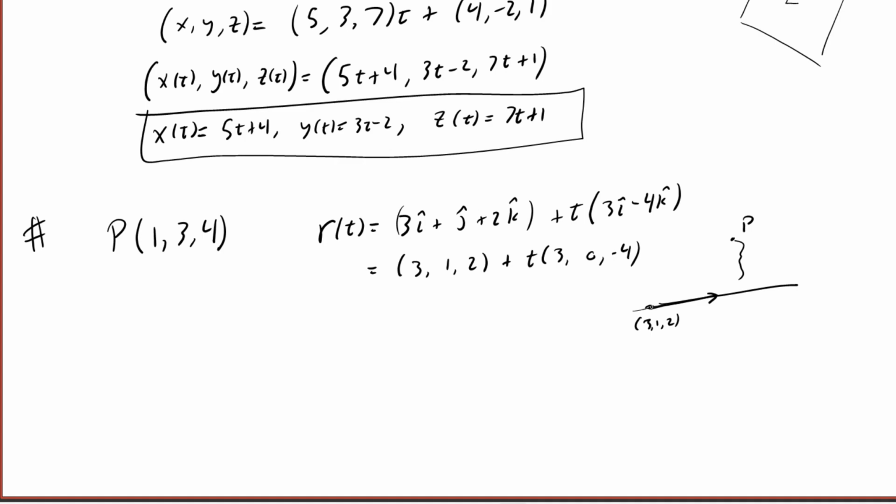So what I'm going to do is make this vector right here, and then do the projection onto this vector. And that's going to give me this vector. So I do the projection of this onto the direction vector, and that's going to give me this red vector. And then the result that I want, I'll put in blue. The result that I want is the length of this vector.